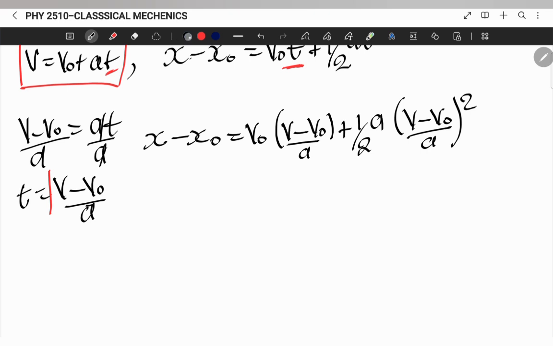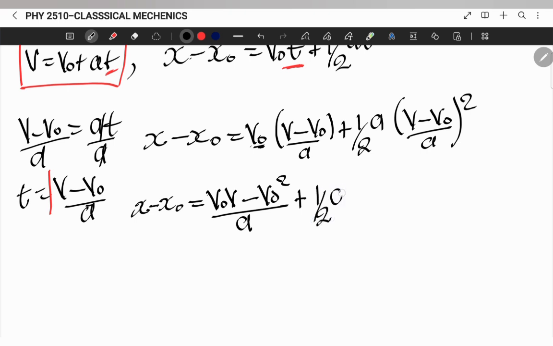Okay, so we are going to distribute v naught across this. And this is going to give us x minus x naught, that times that, v naught times v naught, squared over a, then plus half that.